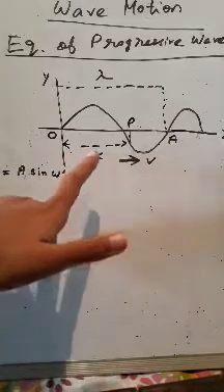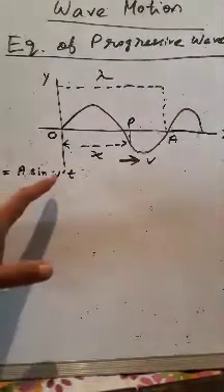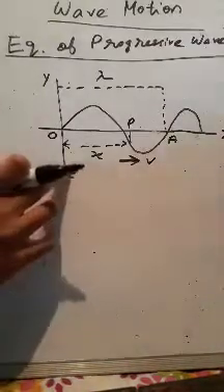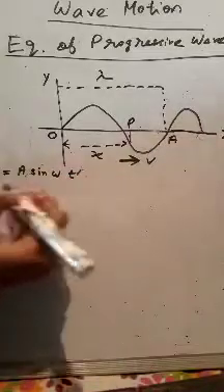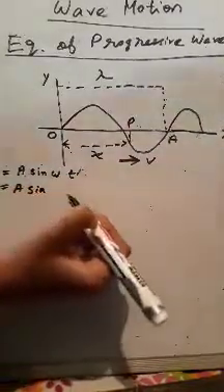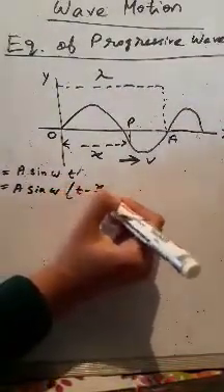That means we are expressing it with respect to time. So we can write the equation here as a sine omega (t minus x by v).